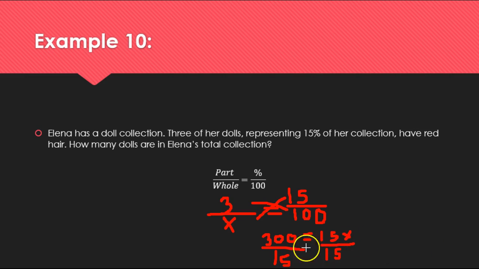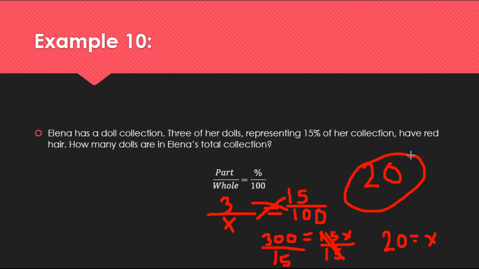And this would come out to being 300 divided by 15 to equal 20. So x equals 20. My 15s cancel out here. So, in her total collection, she has 20 dolls.